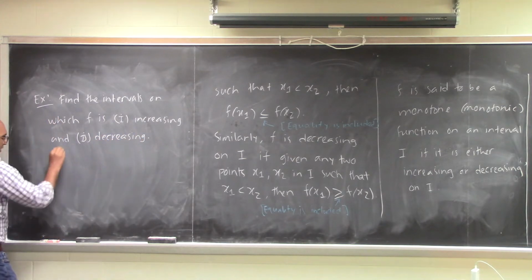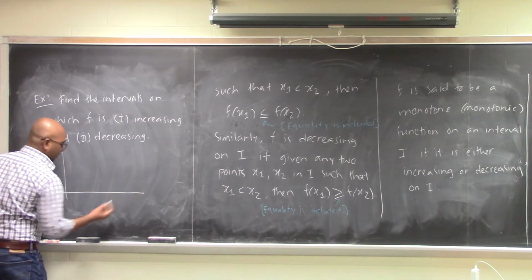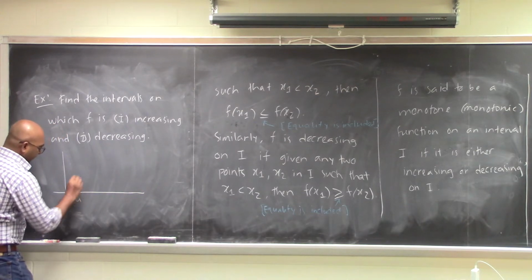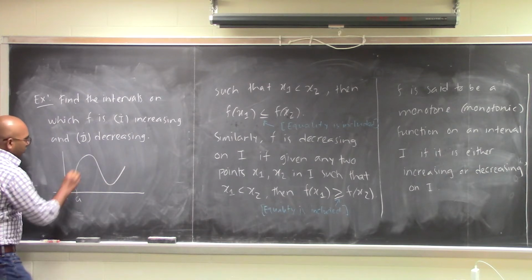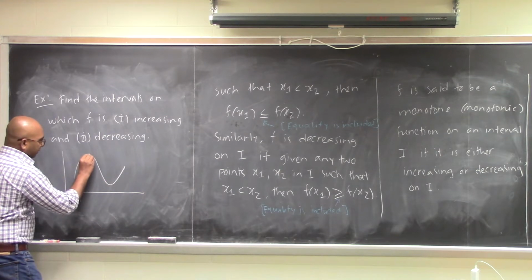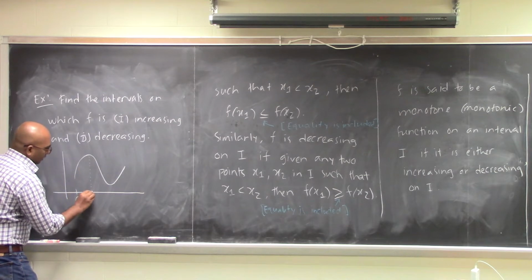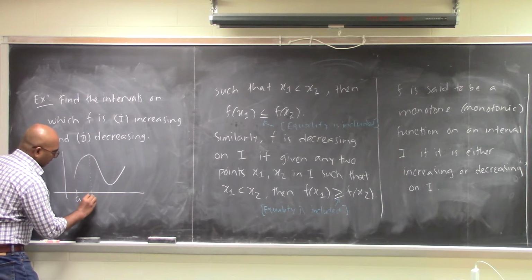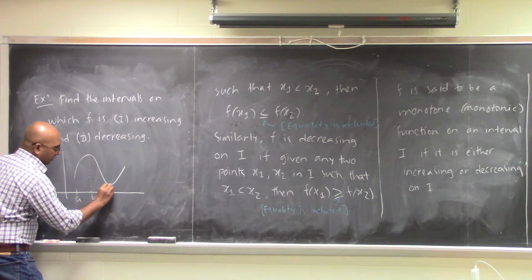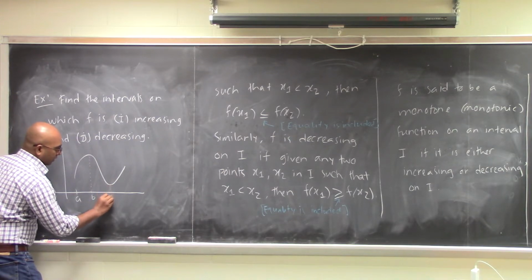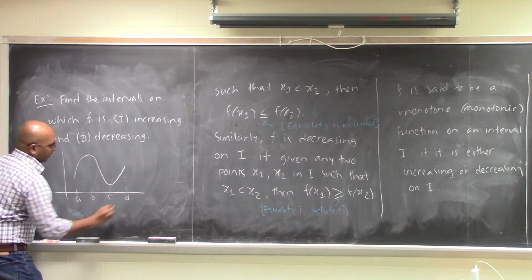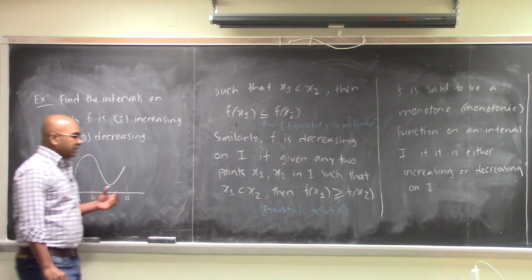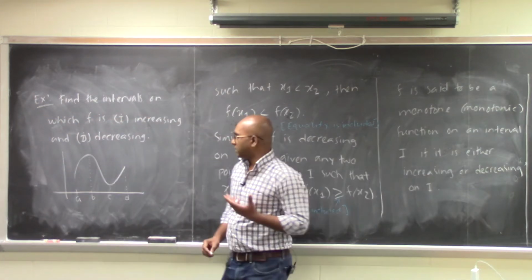Okay, and the graph is pretty simple. Let's call this A, and the graph looks like this, let's say. Okay, so let's call this point B. Let's call this C, and this one is D. Okay, now where is this function f increasing?